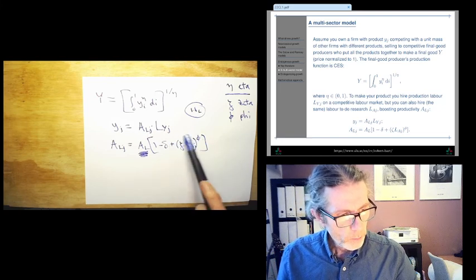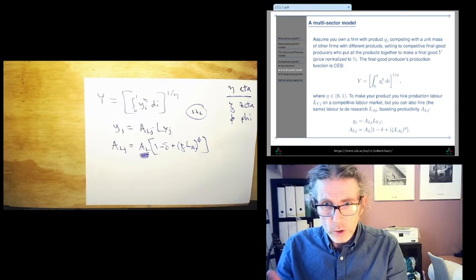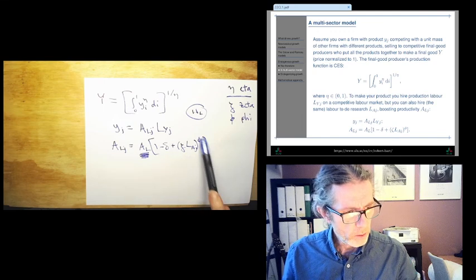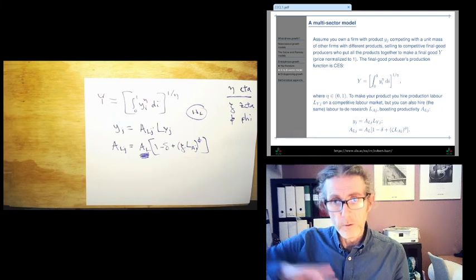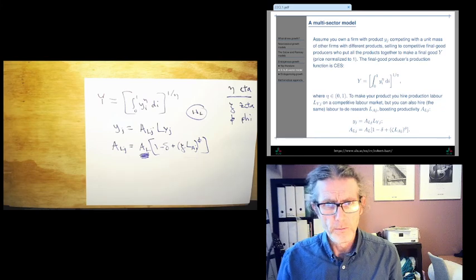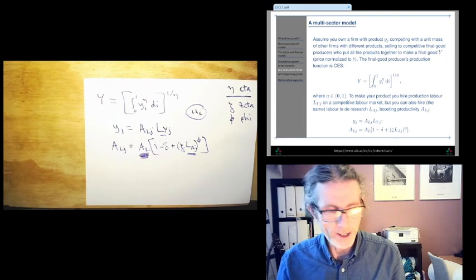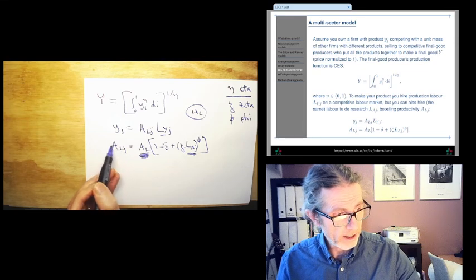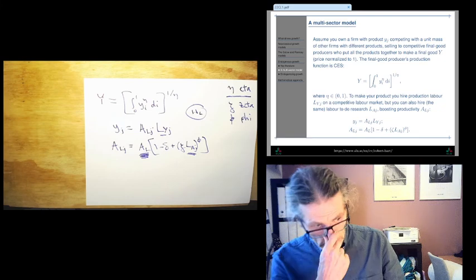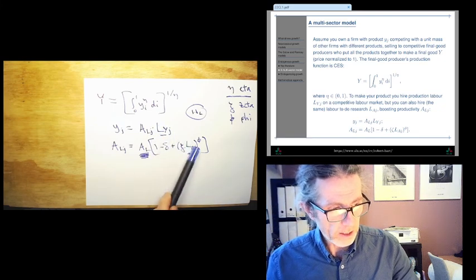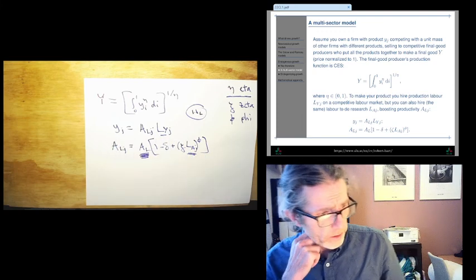But if we start putting a few into research, unless we're at a so-called corner solution, then the boost here will be bigger than the loss here, and for a while production will start to go up. But of course, if we put everyone into research and nobody into production, there won't be any production, because however good productivity we have, if there's no one working in the production sector, nothing will get produced. So there's going to be an optimal balance between research workers and production workers to maximize YJ.